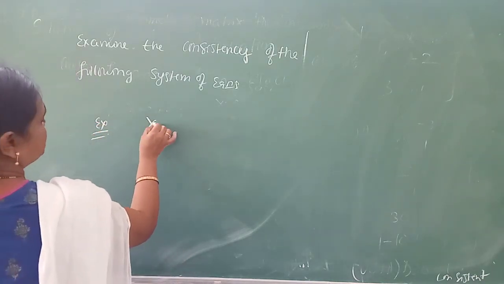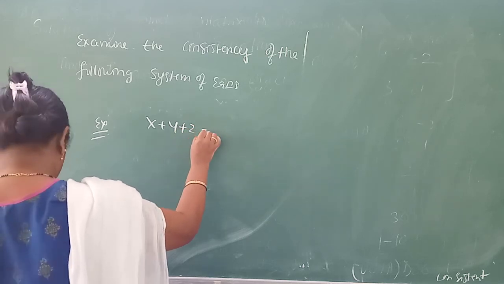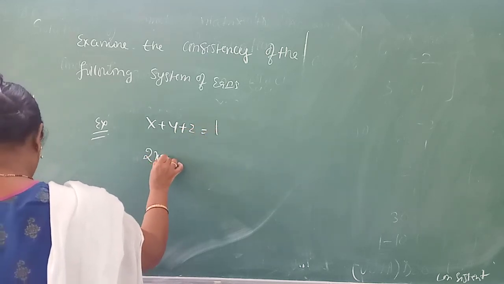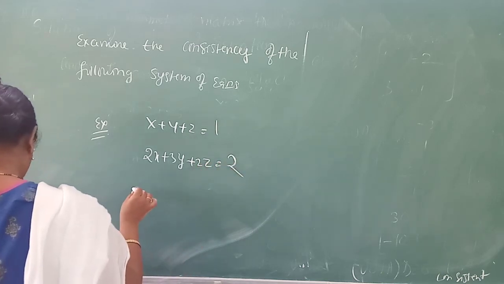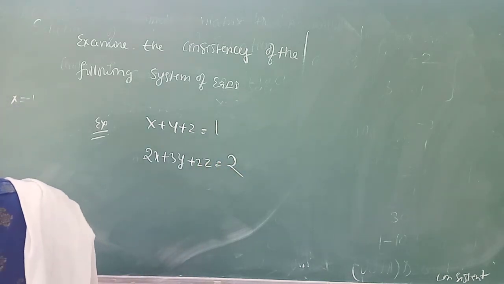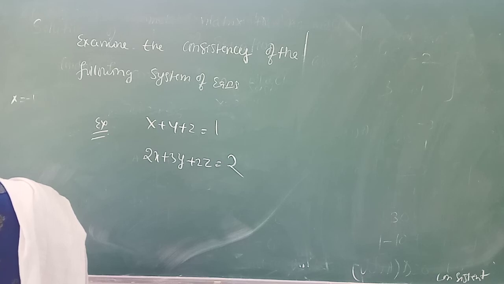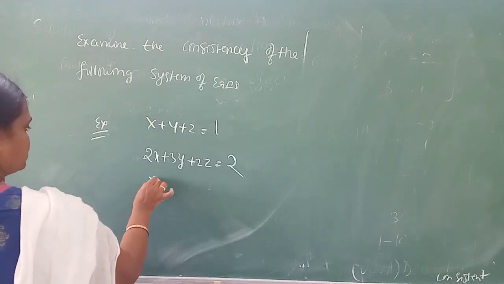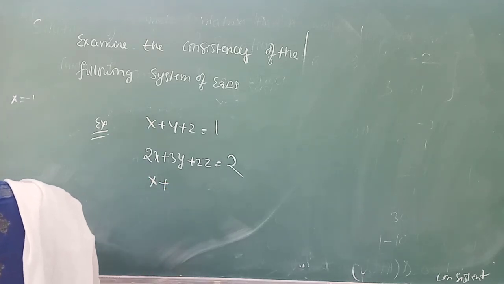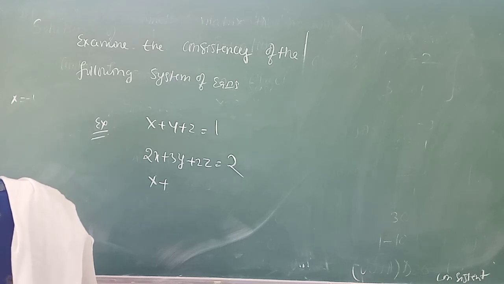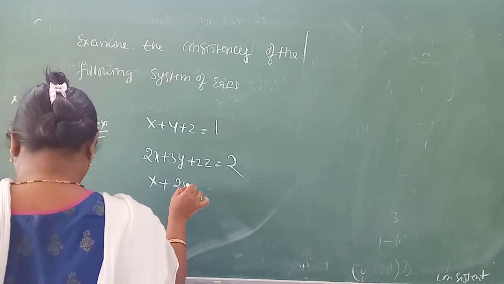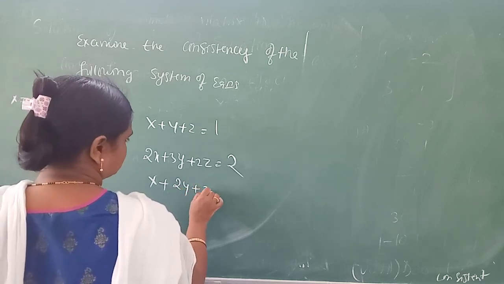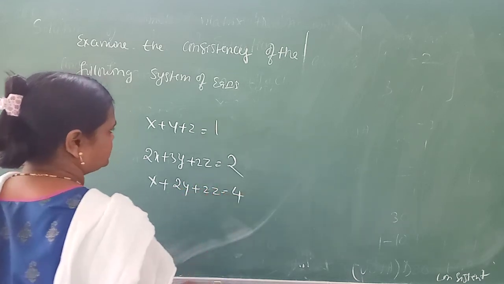Now I will give one example for homework: x plus y plus z is 1, 2x plus 3y plus 2z is 2, x plus 2y plus 2z is.